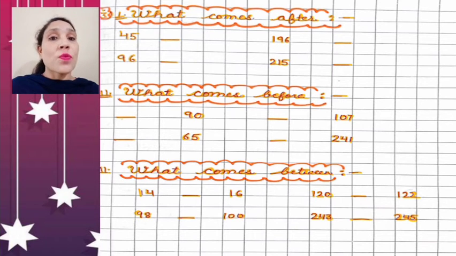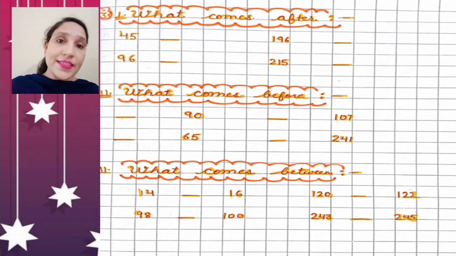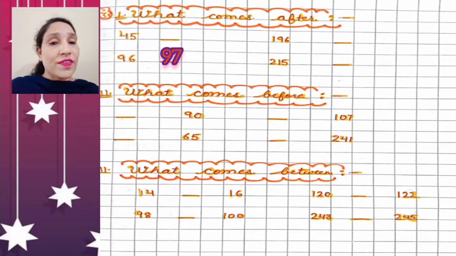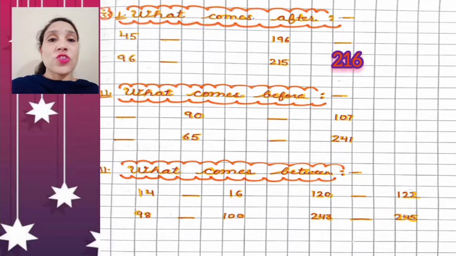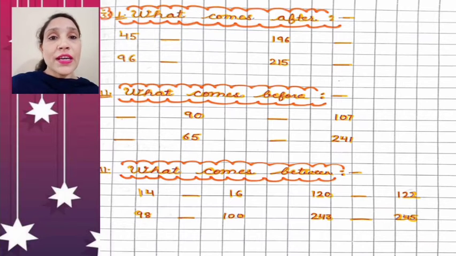What comes after? 197. Next number is 96. What comes after 96? That is 97. Now 215. What comes after 215? 216. Okay, like this you will write here after numbers.